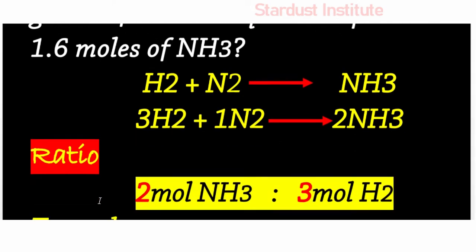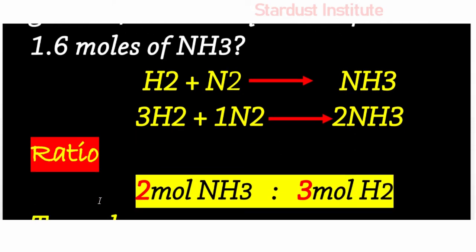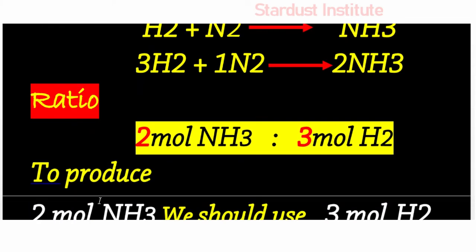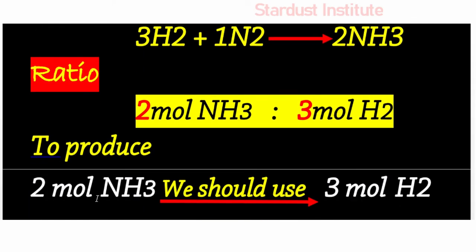This is the ratio. To produce 2 moles ammonia, we should use 3 moles H2.